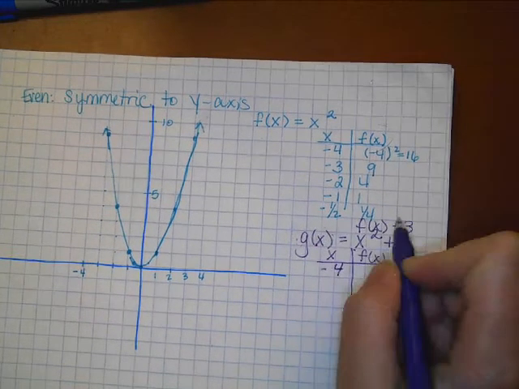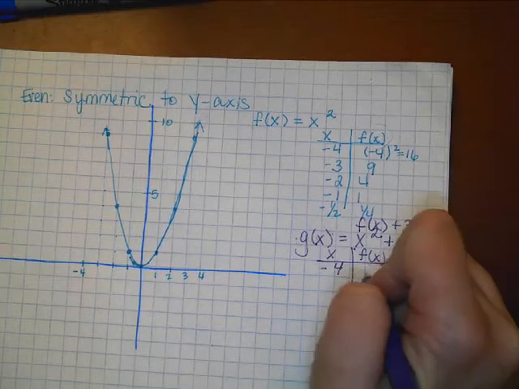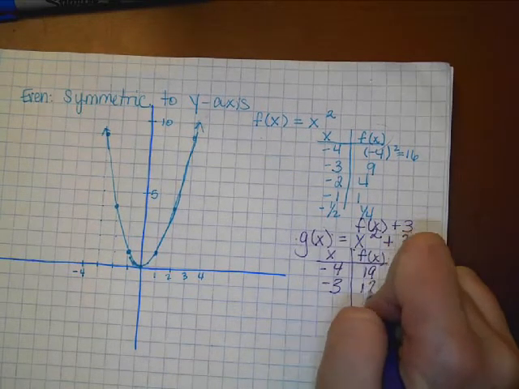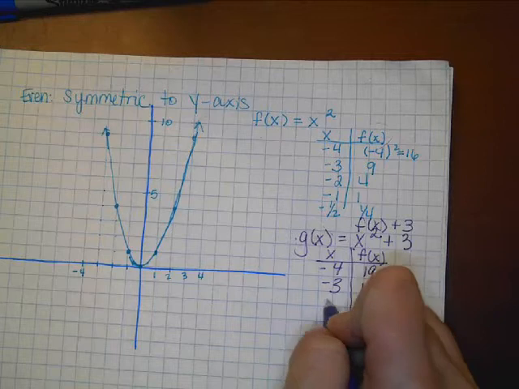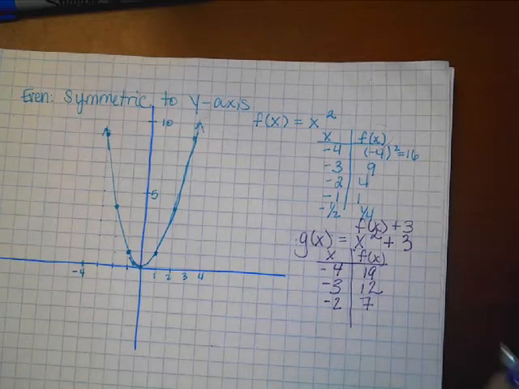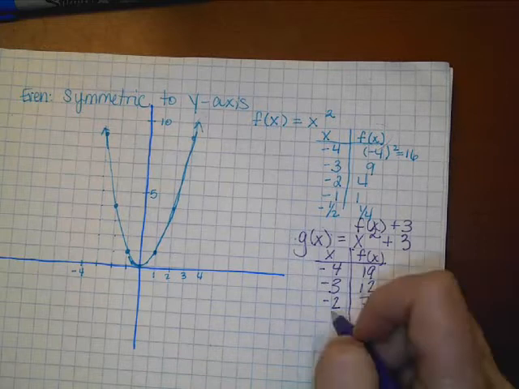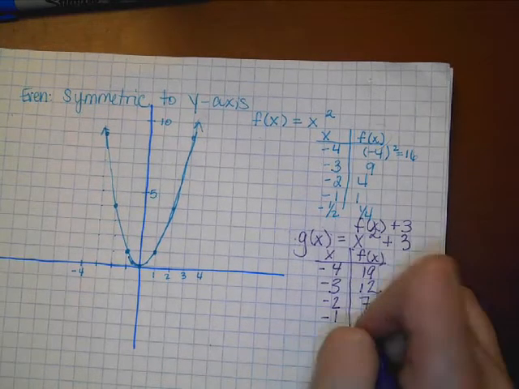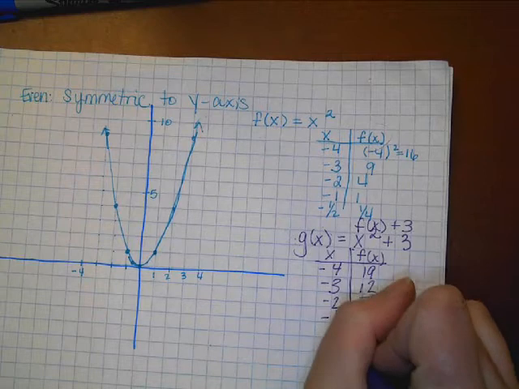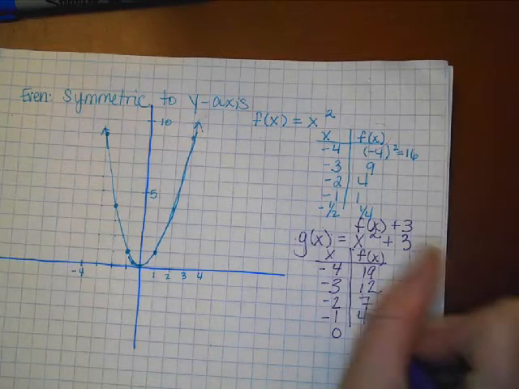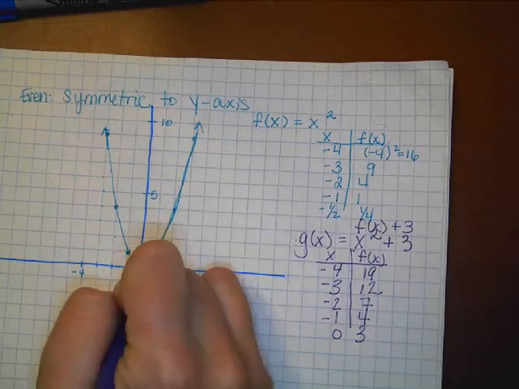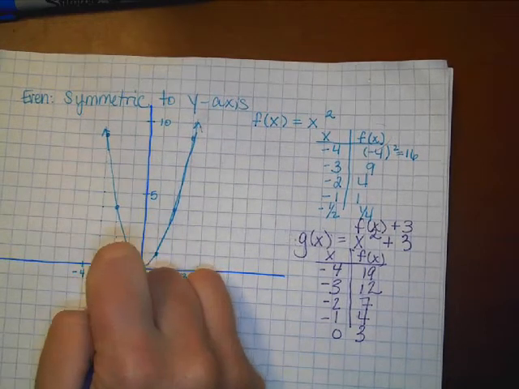So when x is -4, then instead of 16, I have 19. -3, I have 12. -2, I have 7. At -1, it's 4. At 0, instead of being 0, 0, I have 0 and 3.